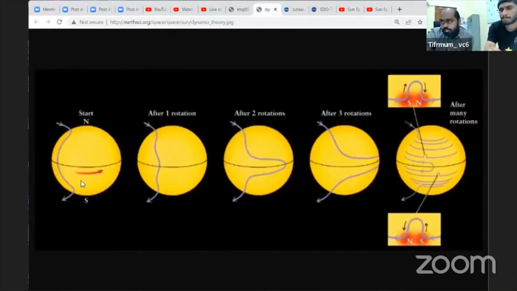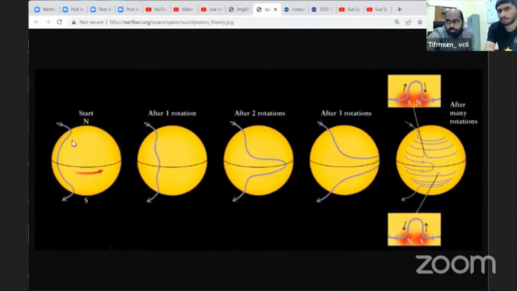Initially, you can think of it like something that is shown over here. You have this magnetic field, just like in the case of our Earth, entering at the North Pole and exiting at the South Pole, like a dipole magnetic field. But the sun, unlike Earth, is a fluid and it rotates at different speeds at different latitudes. For example, the equator rotates much faster than the poles.